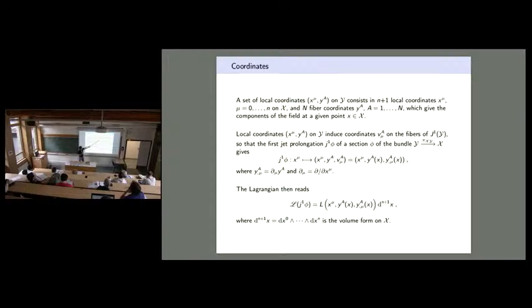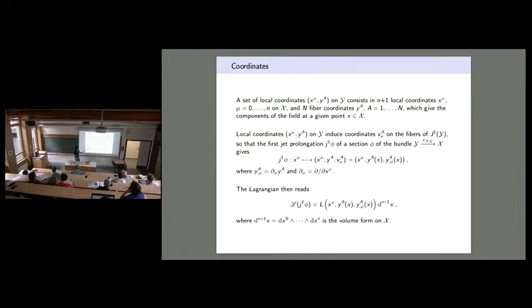Here the fields have n components, for instance, in this case, the vector fields with n components. And on the equivalent tangent space, you have velocities, which are labeled by two indexes: the components of the fields and the order of the derivatives in space. So this is the jet bundle and the coordinates on the jet bundle.